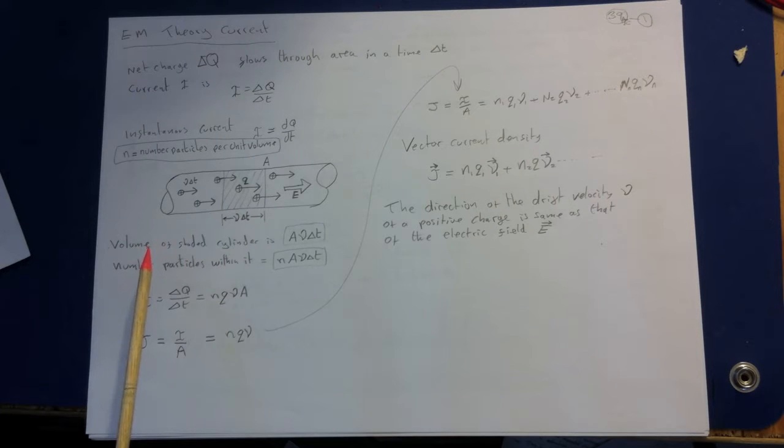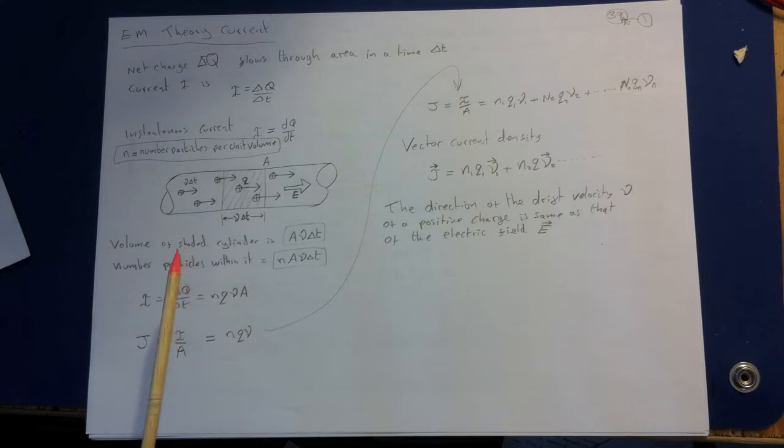Hence all the particles within the shaded cylinder of length v delta t, and only those particles, flow through the end of the cylinder during time delta t. The volume of this cylinder is A times the length, v delta t, and the number of particles within it is n times the volume, because n is the number of particles per unit volume.